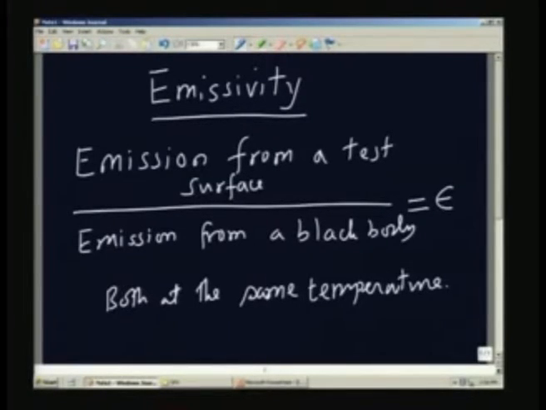We have already seen when we were discussing pyrometry that emissivity plays an important role in the measurement of temperature using a pyrometer, because there again we were doing exactly the same thing. We are comparing the radiation coming from the test object whose temperature I want to measure, with a standard lamp whose temperature is known, or whose current I vary such that its temperature can be altered, and we were measuring what was called the brightness temperature. Just to recapitulate, we remember the idea of brightness temperature.